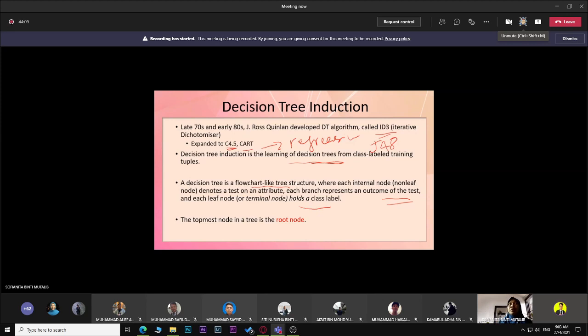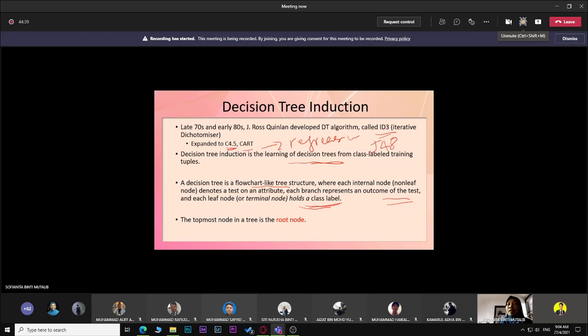For instance, the first attribute could be marital status, and a lower level attribute could be refund. So they belong to different attributes, and the branch will be determined by the value of the attribute. And lastly, you should notice that there will be a leaf.